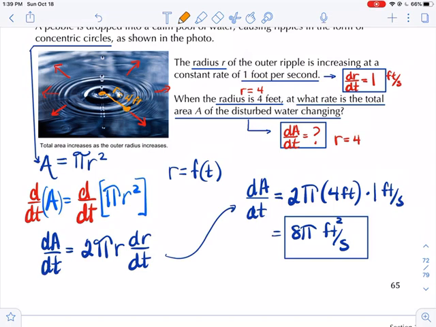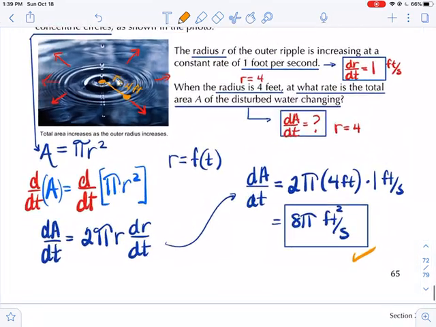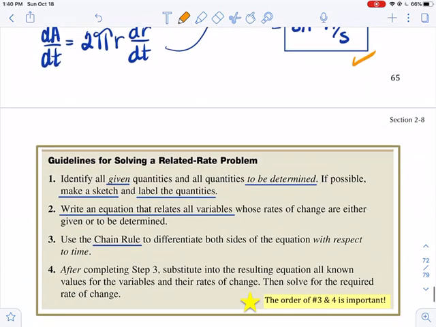So if r is equal to 4 feet, then at that point, the area is changing at 8 pi feet squared per second. So every second, the area is expanding, but at this time, it's expanding exactly at 8 pi feet squared per second. Okay, when the radius is 4, not at this time, but when the radius is 4 feet.